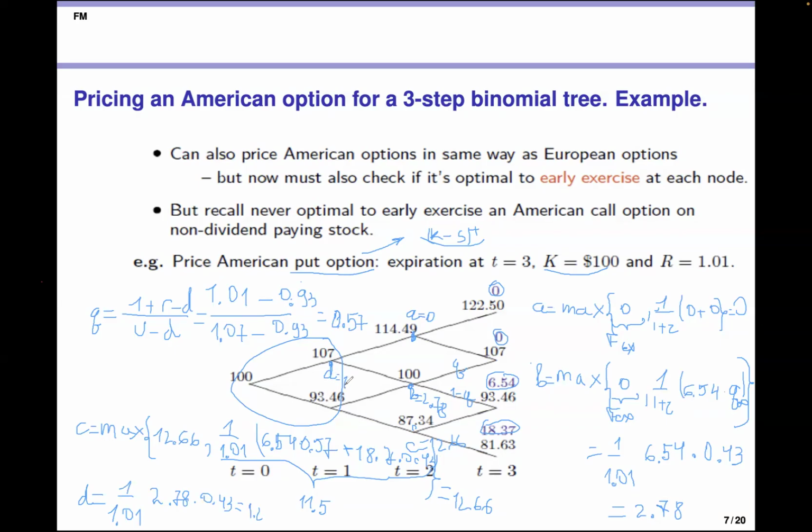So D is 1.2. After that, we need, for example, this F, and after that, we can compute the value from this point. And it's interesting that the price of immediate realization is 0 again, because this 100 and this 100.